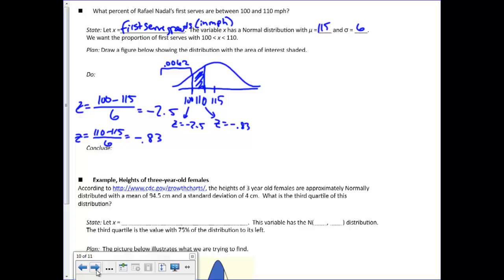And from this z-score, negative 0.83 to the left, we have 0.2033. How do we find what's in the middle? Subtract. 0.1971.